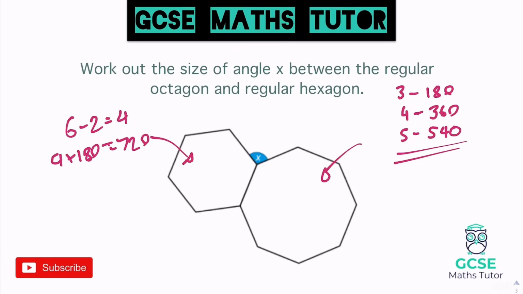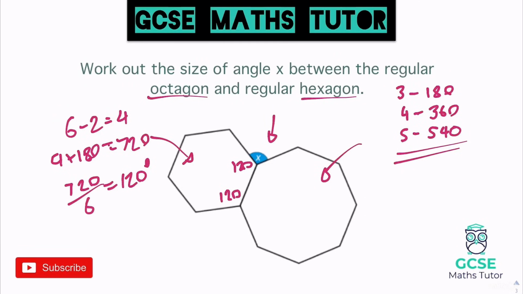That should be a times sign, let's change that. So all the angles inside a hexagon equal 720, and there are 6 equal angles in there. So if we divide that by 6, 720 divided by 6 gives us 120 degrees. So all of these angles in the hexagon are 120. Obviously, we're concerned about this little area here in this question because we're trying to find the angle between them, but we've got the angle in the hexagon, and that's really important.